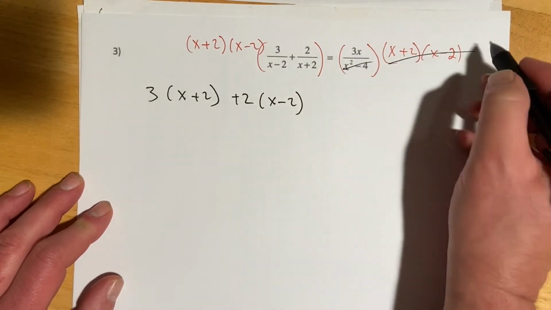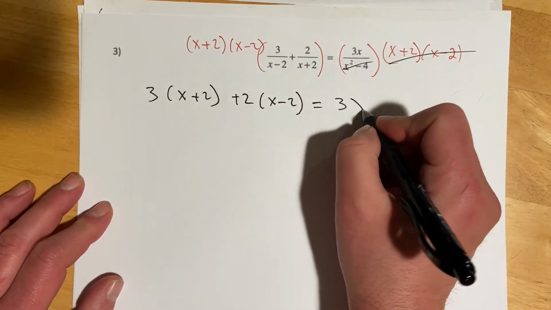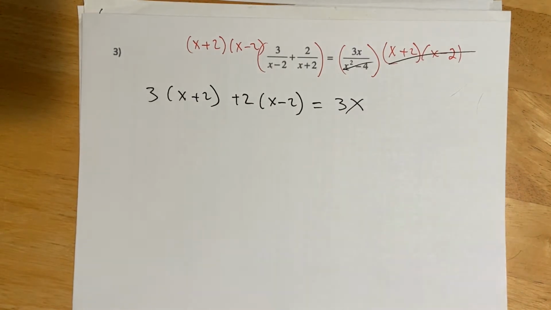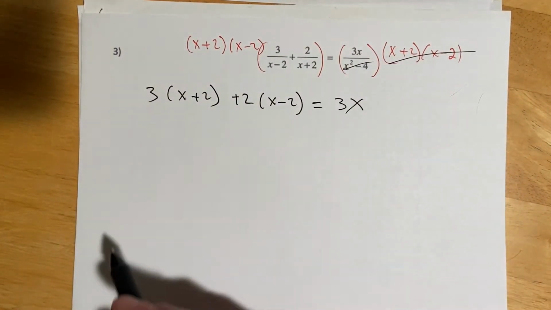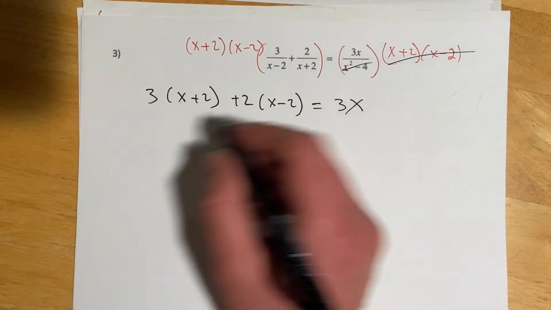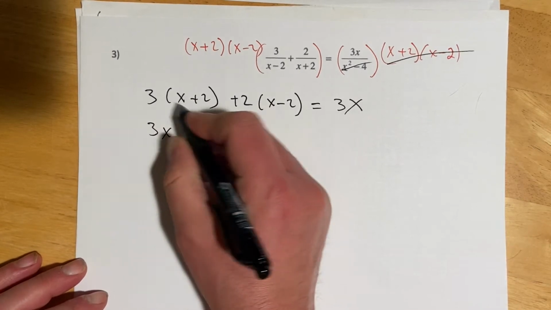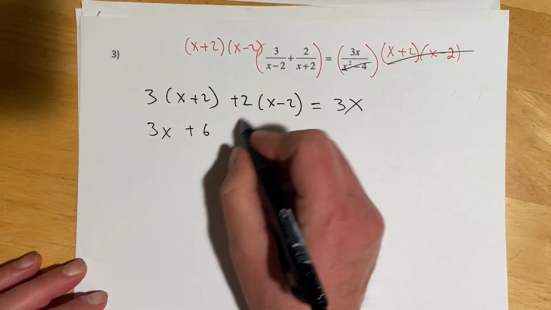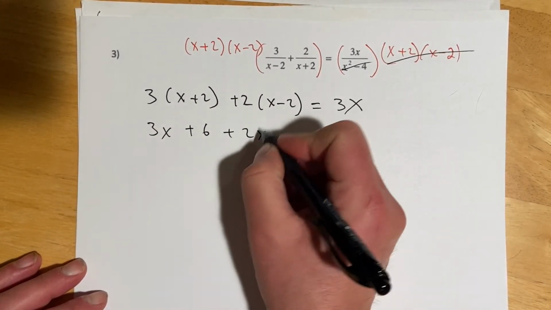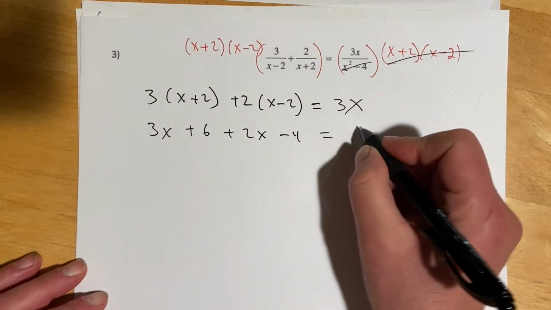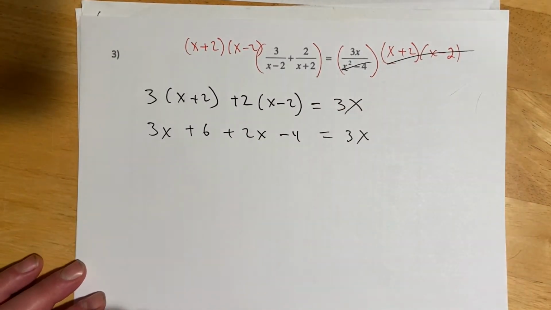And then here, all that cancels, so we would just have 3x. And then distribute, and it looks like it's going to be linear, so we'll have 3x plus 6, 2 times x minus 4 equals 3x.